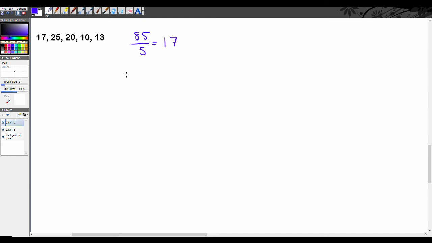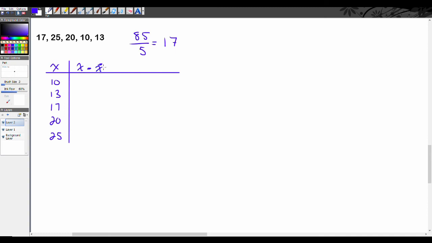Now what we need to do is find the deviations from the mean. So we have to subtract the mean from each of these x values. Let's make a table with our x values, and let's put them in order: 10, 13, 17, 20, and 25. And here, remember, we're going to do x minus the mean.